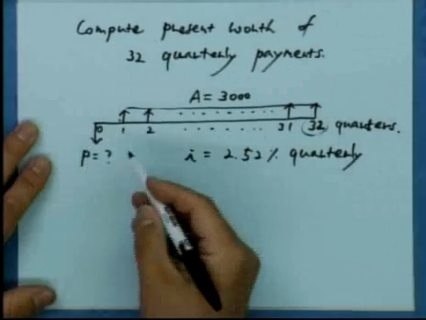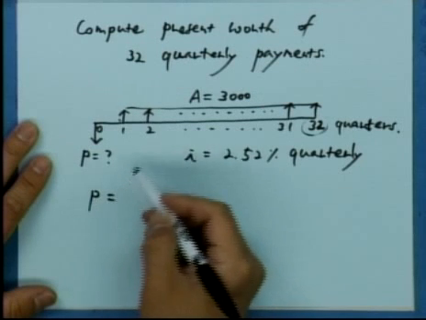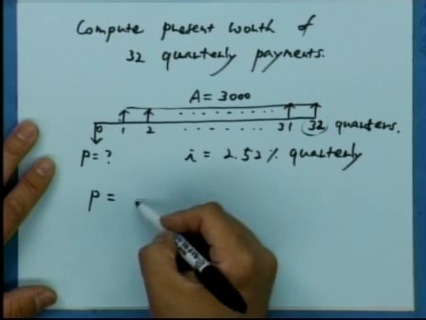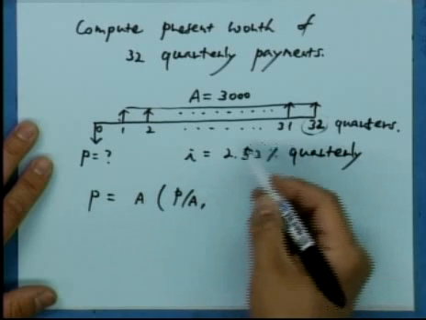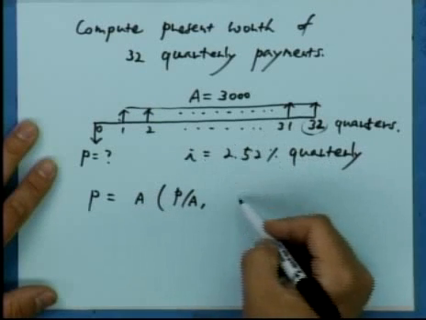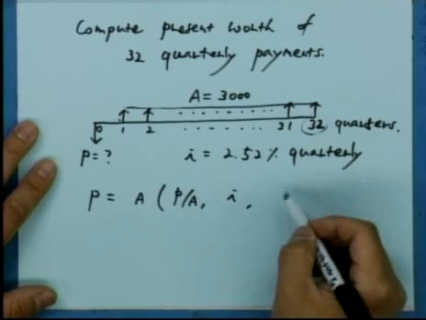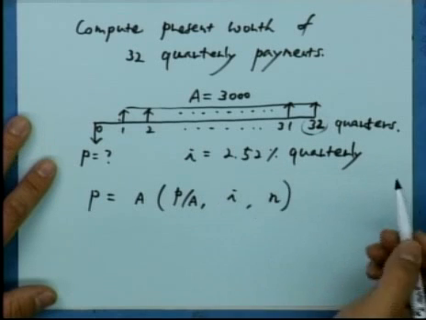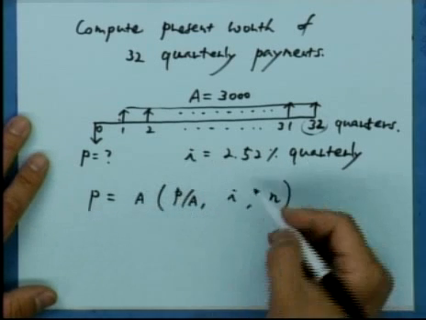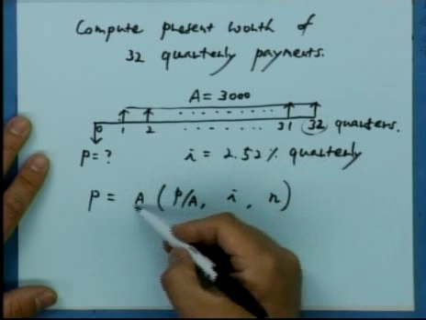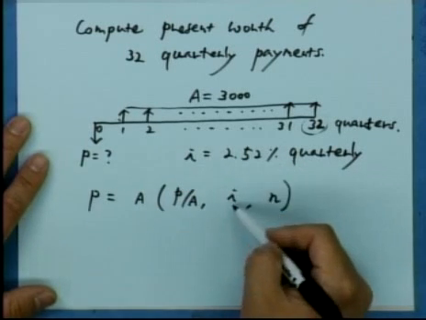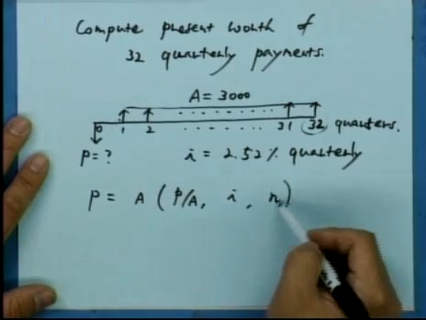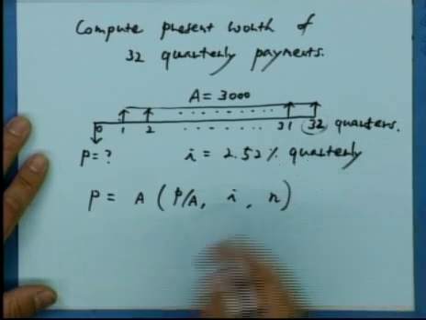So how do you get this P value? P, the present sum, would be A times P given A, at the same interest rate over the n periods, right? Here, A is 3,000, i is 2.52%, N is 32 quarters.